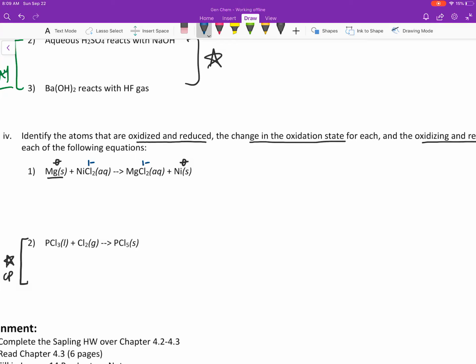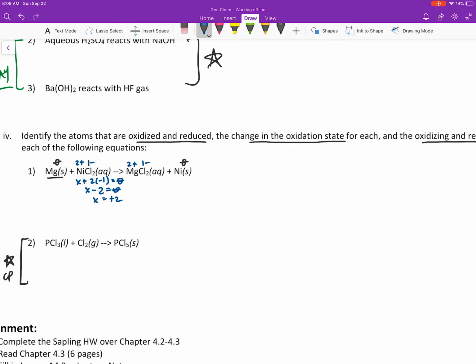Now, because I have two 1 minus charges, that means that my X must be equal to 2 plus. So in this case, my nickel and my magnesium, which I might have already predicted because of magnesium being in the second row, the 2A, but nickel's a transition metal.